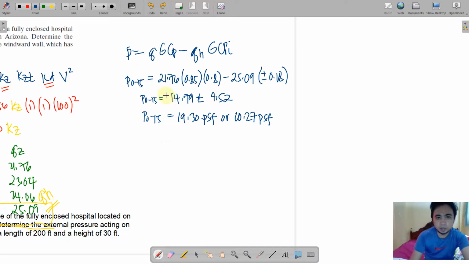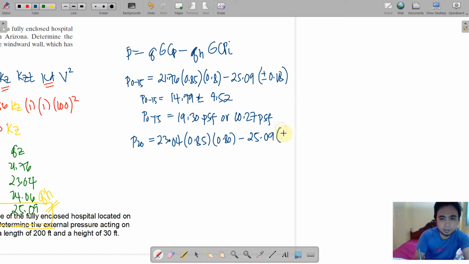So similarly for the other height, we are going to have this one. So at 20, we have next to 21.76 is 23.04. The same factor here, 0.8 and then minus 25.09 plus or minus 0.18.